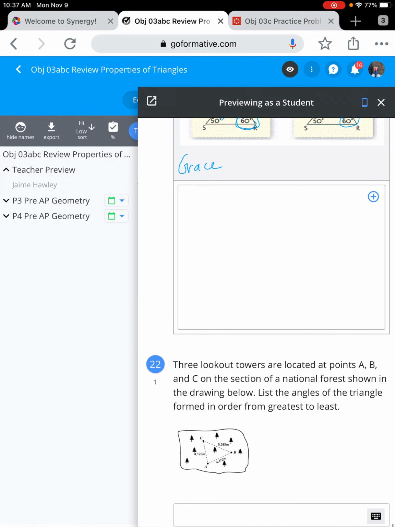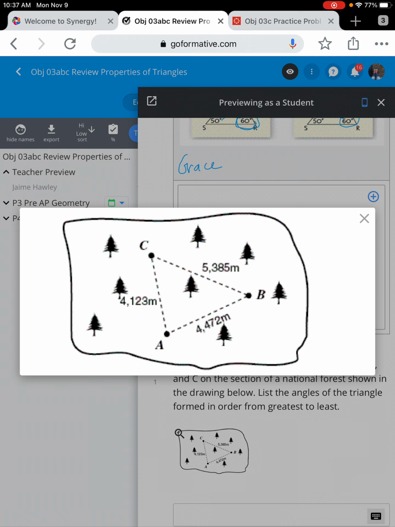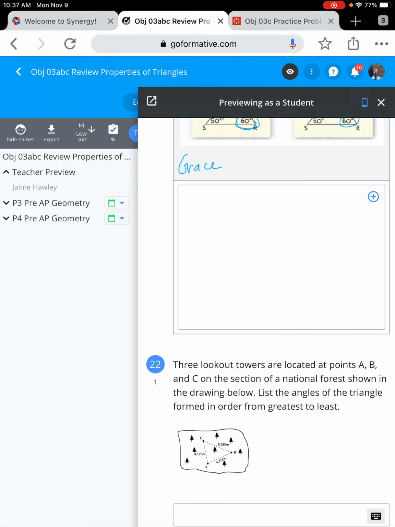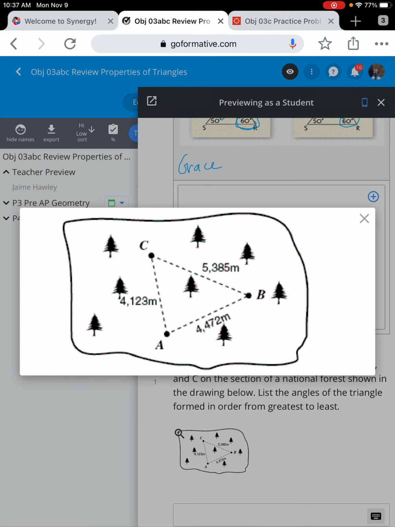Okay, and last but not least, 22. I'll do a show your work for this one, but we can look at this. It says order the angles from least to greatest.